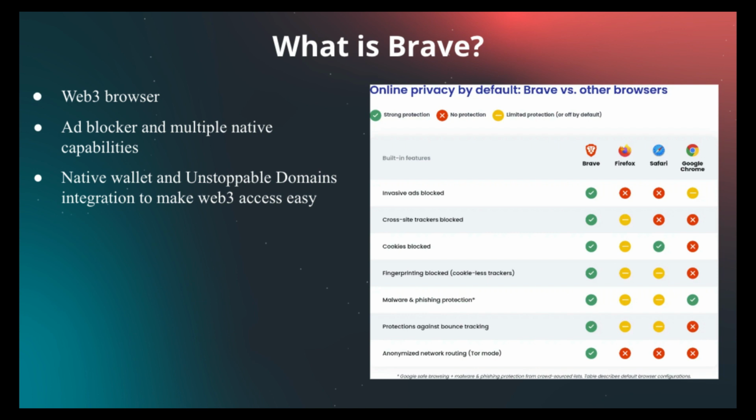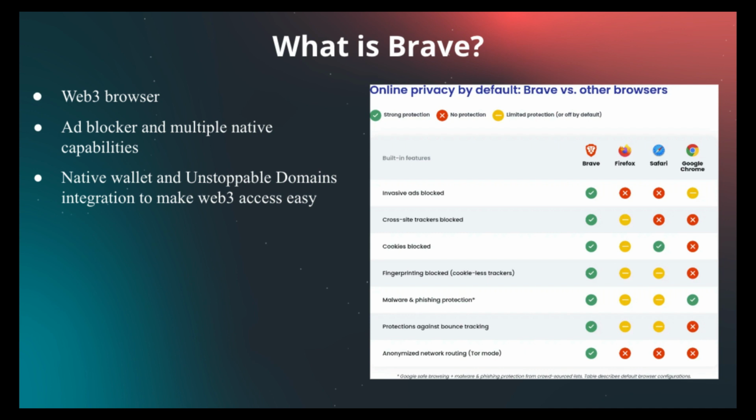I don't know if you guys are seeing the visuals, but I also included a table that is listed on their homepage, which is a comparison between Brave, Firefox, Safari, and Google Chrome. It tells you a bit about the enhancements that Brave has brought to browsers in general.